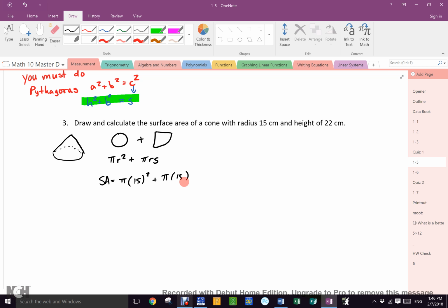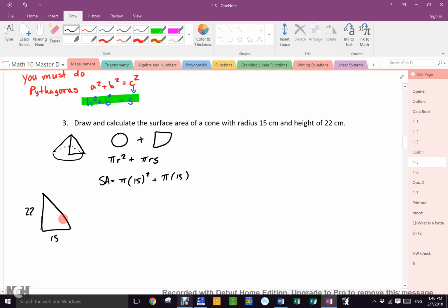What do I need to do Pythagoras? A triangle. Where does the triangle go? Right down the middle, to the center of the circle and out to the side. So there's the triangle with which I am working. What is this side? That's your height, which is 22. What is this side? 15. How do I find the slant height?